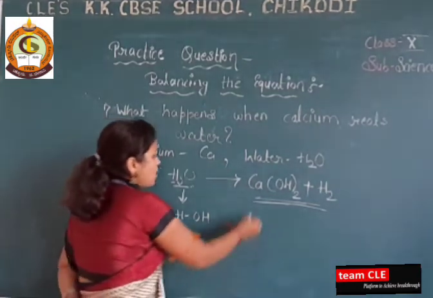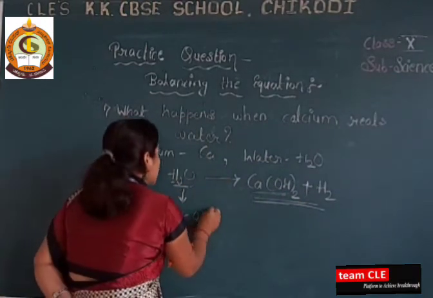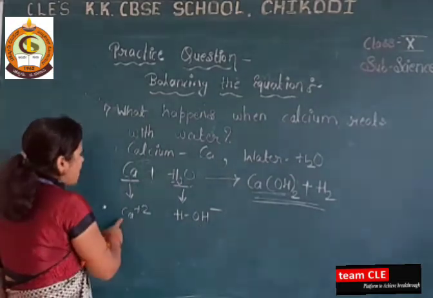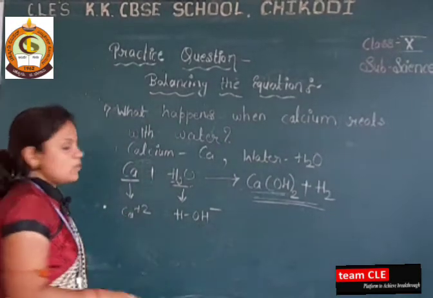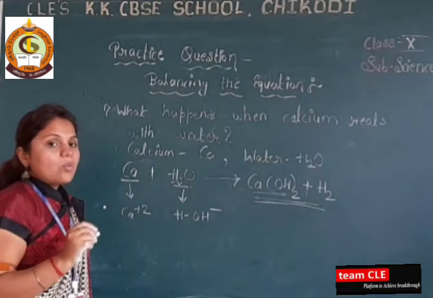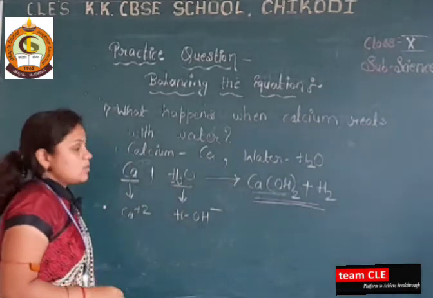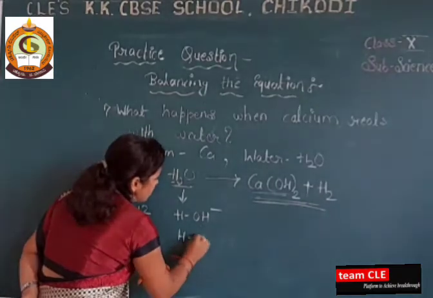Okay, so how did we get calcium hydroxide? Because OH has only -1 valency, but for making the bond with calcium, we need another 1 water. So that's why we got another HOH.